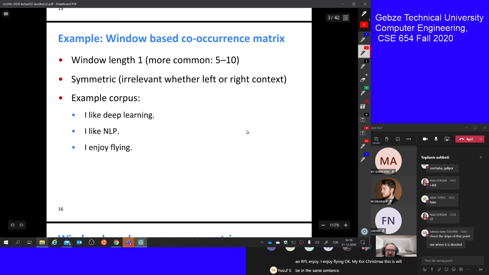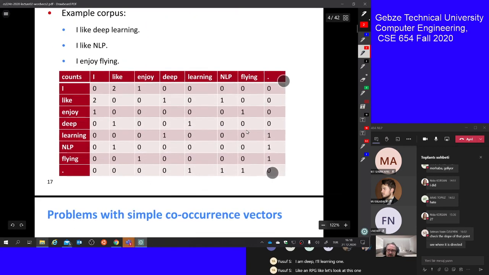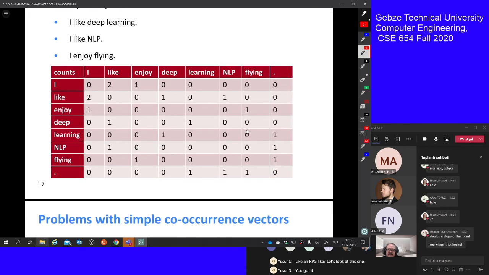I and like, 2, right? I and deep, I and learning, 1. Do you understand what this co-occurrence matrix is?